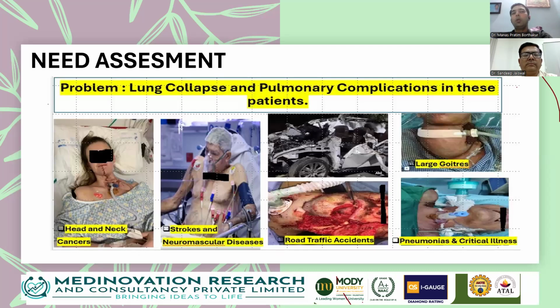Then we found out that these people who are on tracheostomy, maybe due to cancer, road traffic accidents, thyroid problems, or strokes, they tend to stay in the ICU for long term. And when we did an in-depth analysis for the reasons for being in the ICU for a long time and occupying the ventilatory beds, one of the reasons was that these patients were more prone to pulmonary complications.